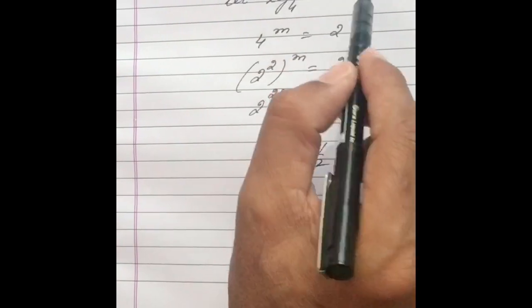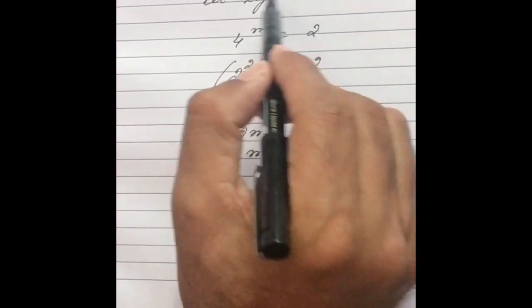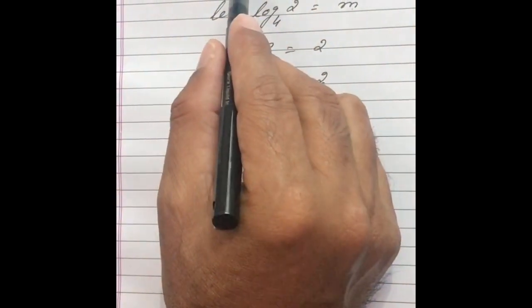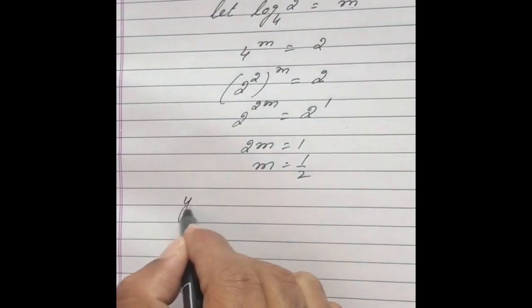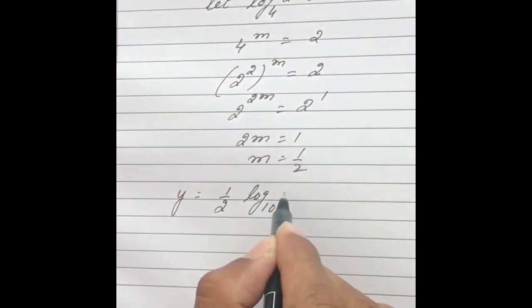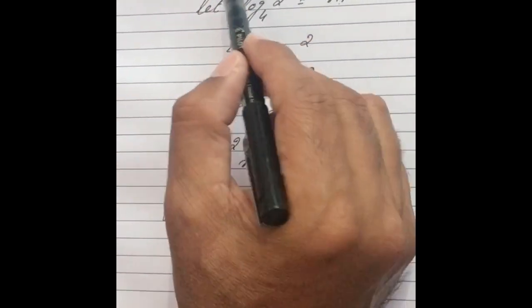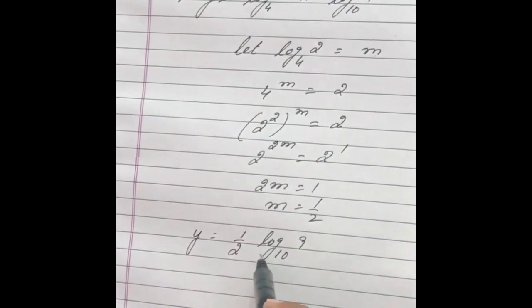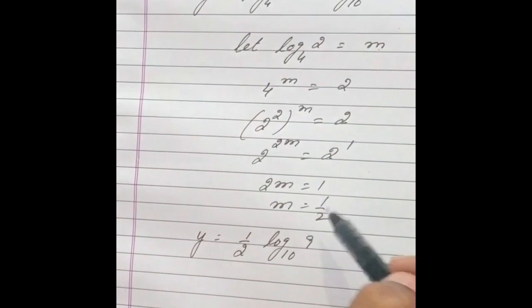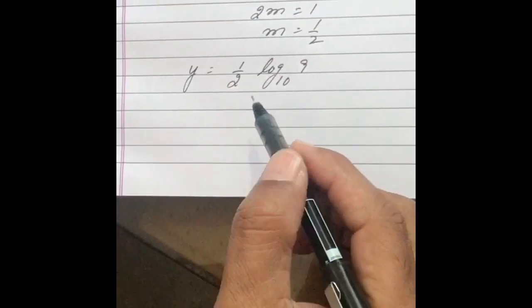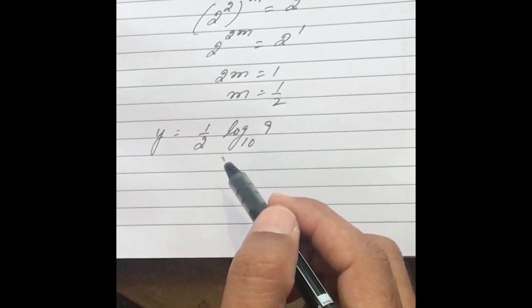So in place of log to the base 4 of 2, I take the value m, which is 1 by 2. I have found this value because the base was not the same, and I put the value here. So y is 1 by 2 log to the base 10 of 9.